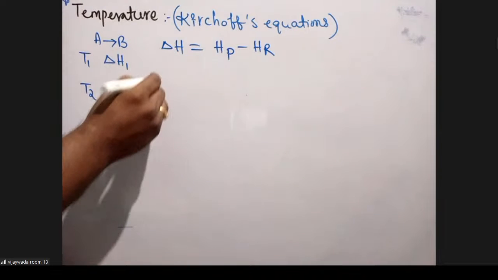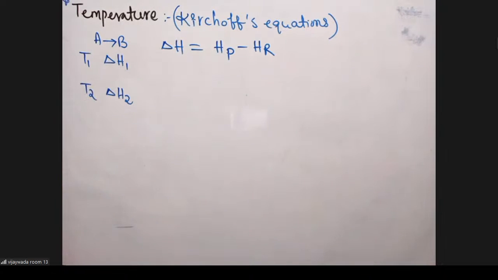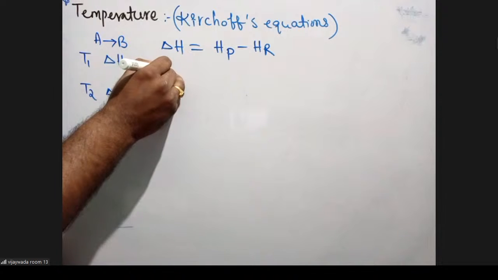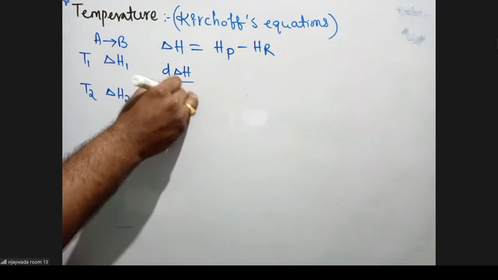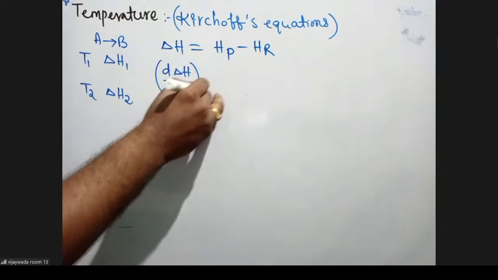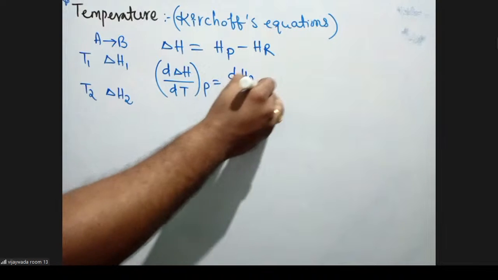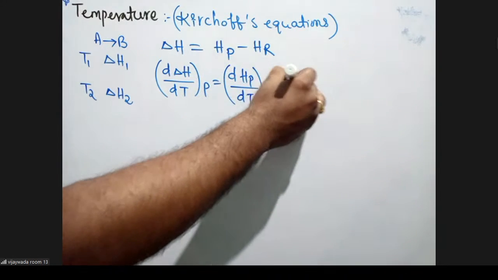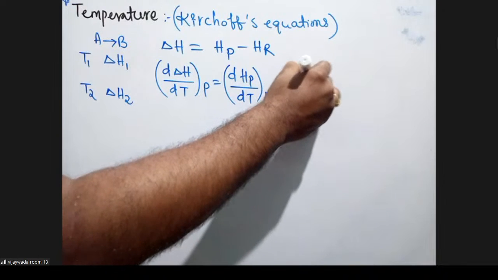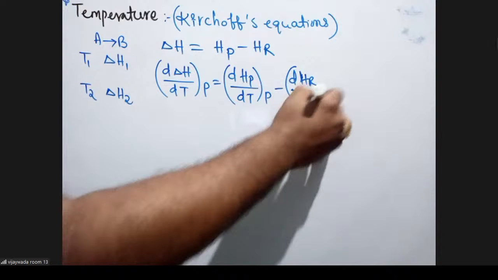Just differentiate this equation with respect to temperature at constant pressure. d delta H by dT at constant pressure equals d of H products by dT minus d of H reactants by dT at constant pressure.